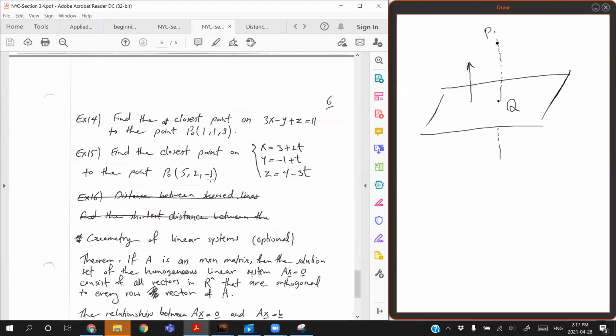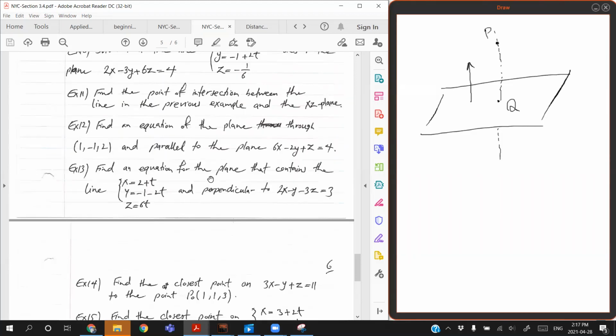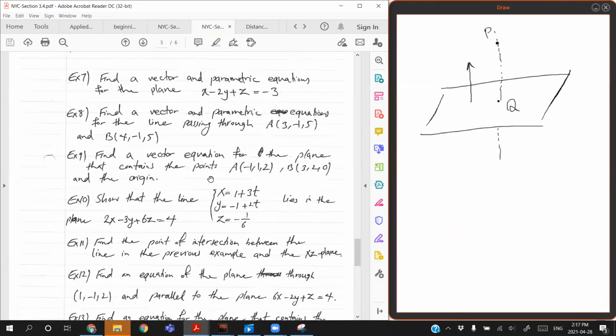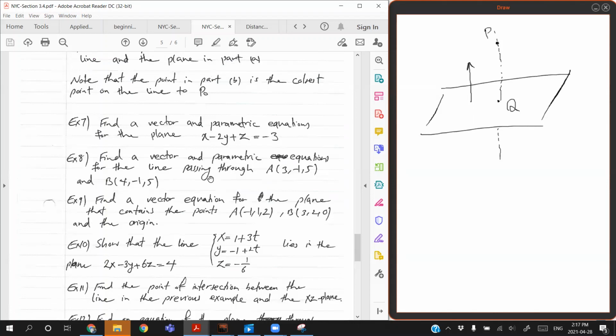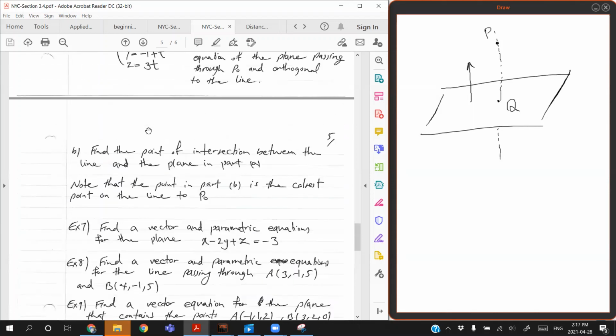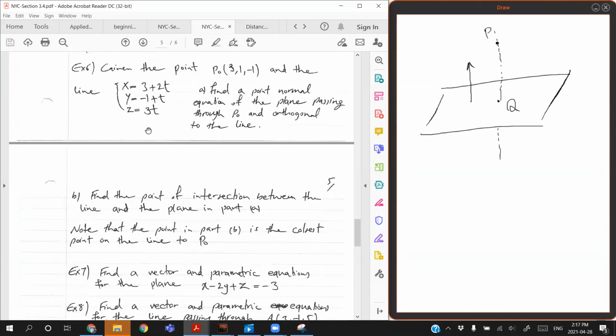Okay. And then for number 15, find the closest point on this line to this point. I did an example like this earlier. So this is similar to example 6.